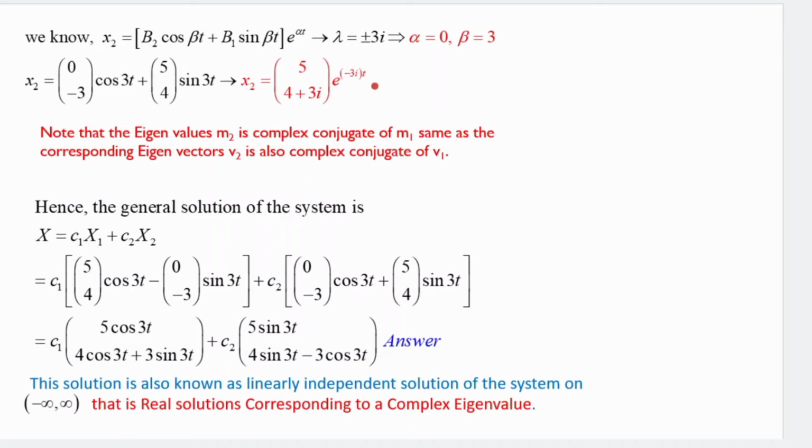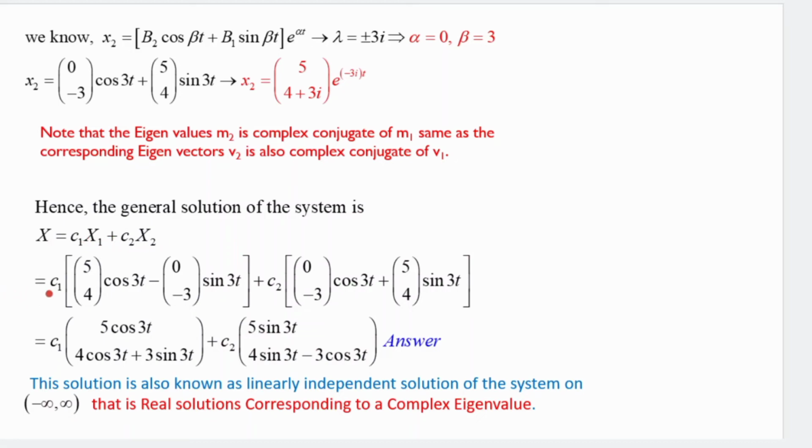So in our x1 it was minus 3i, here in x2 it is plus 3i, because we know that the eigenvalue M2 is the complex conjugate of M1, same as the corresponding eigenvector B2 is also the complex conjugate of B1. Hence, the general solution of the system can be written as x equals C1x1 plus C2x2.